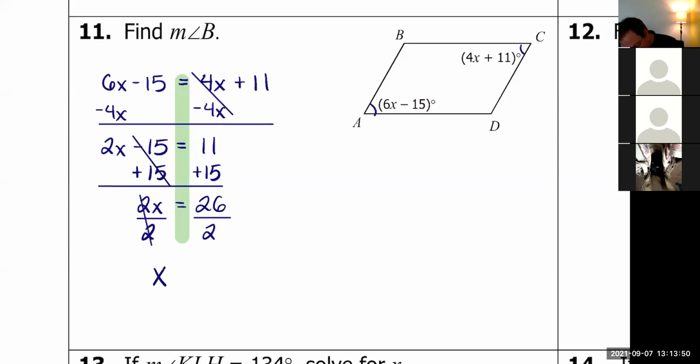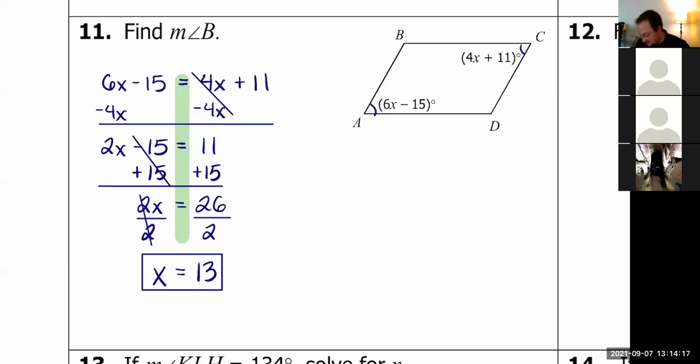But be careful. You have to plug it into that x. So x is not what we're actually looking for on this one. We need to find the measure of angle B. Well, that's kind of rude because for angle B we had no information. But that's okay, because if I can find either angle A or C, it's going to help me find angle B. So it's up to you. Would you rather plug it in for the expression for A or the expression for C?